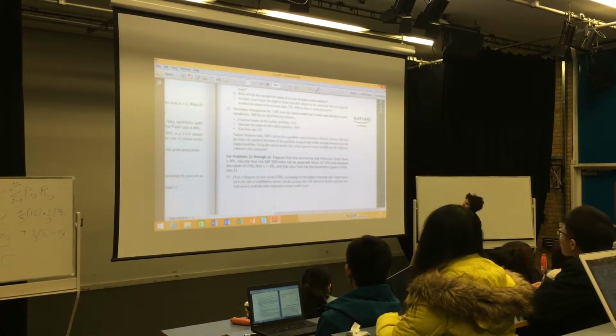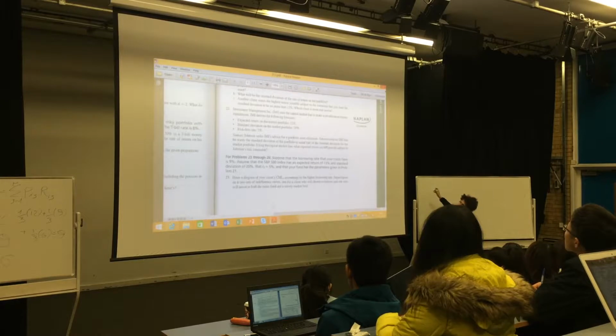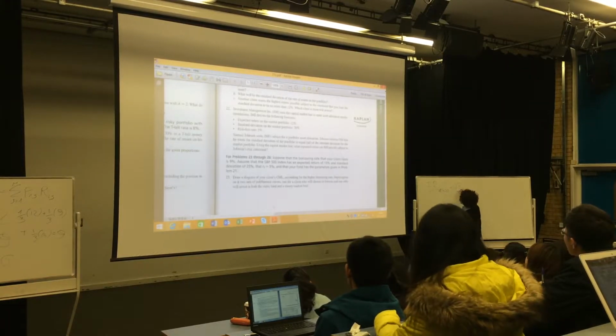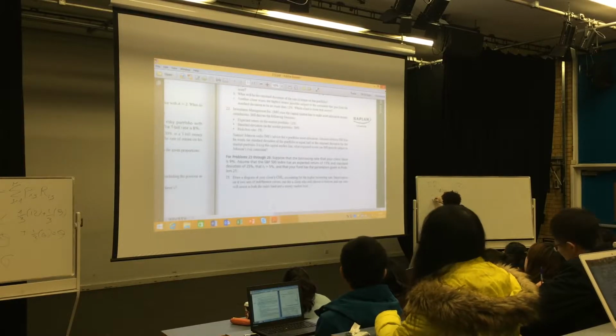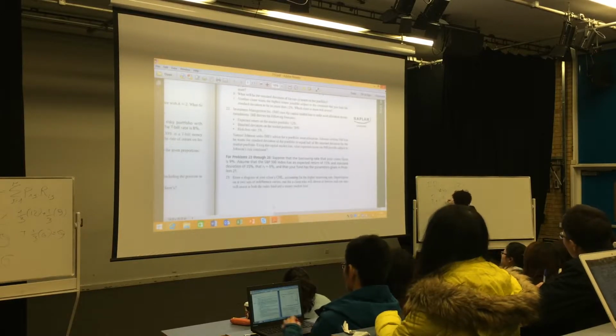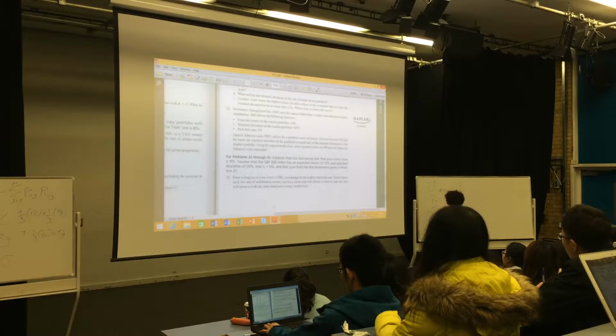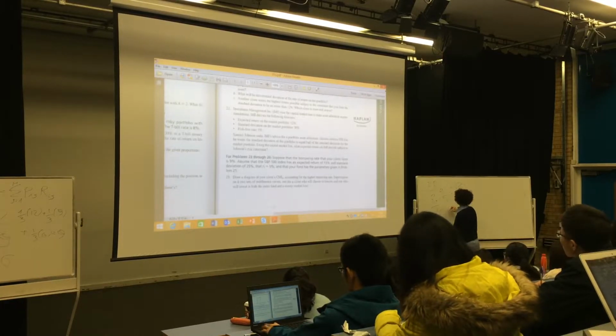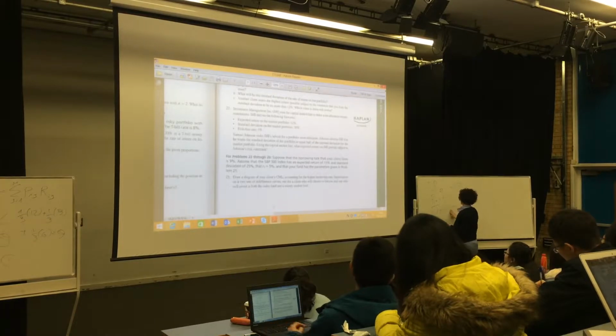So we have the expected return of the Standard & Poor's 500 equal to 13%, risk-free rate 5%, standard deviation equal to 0.25.